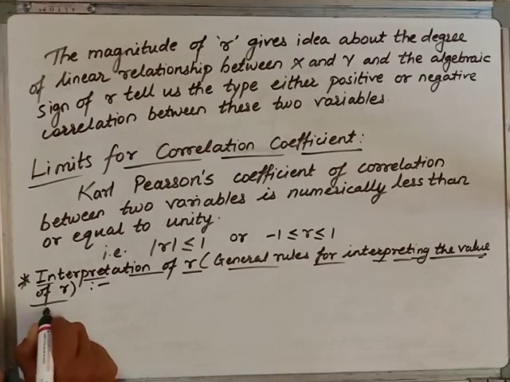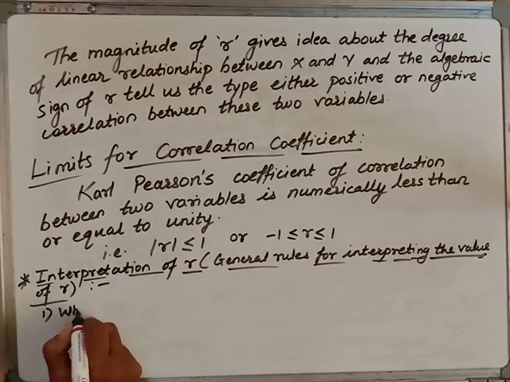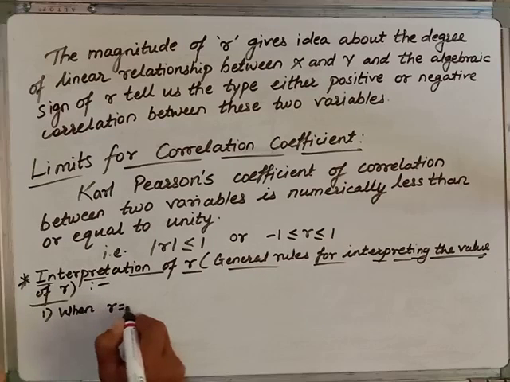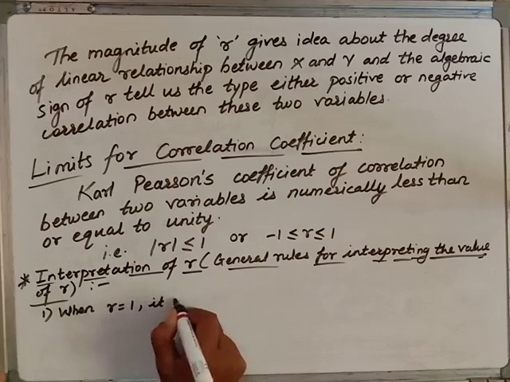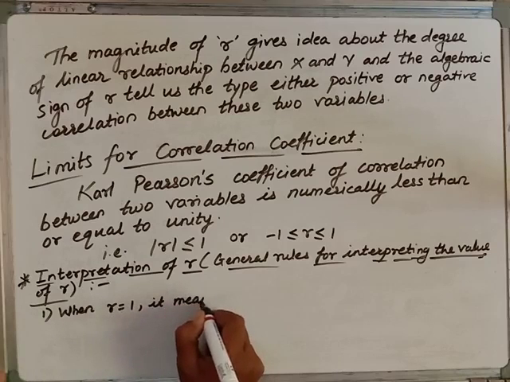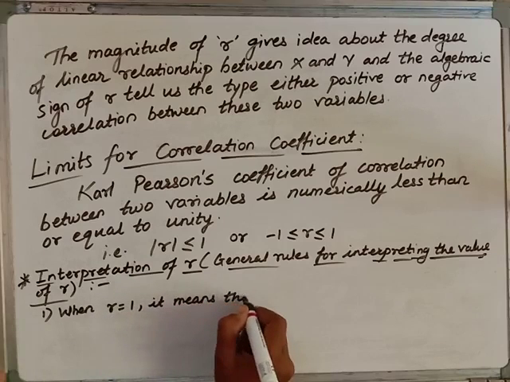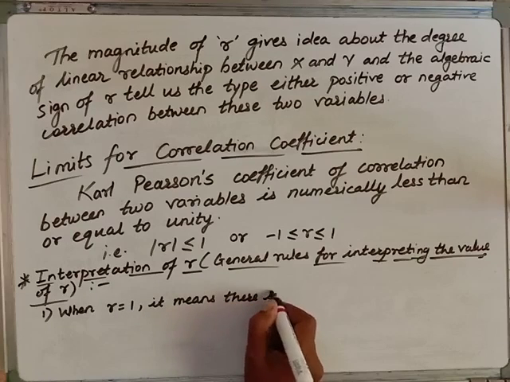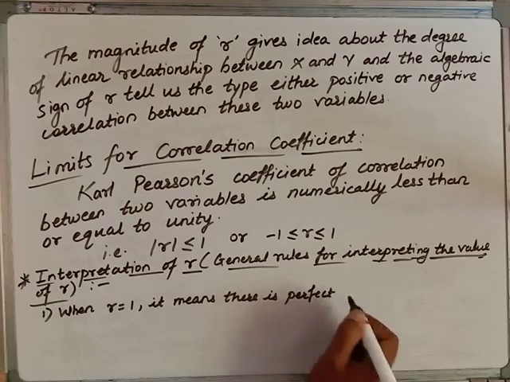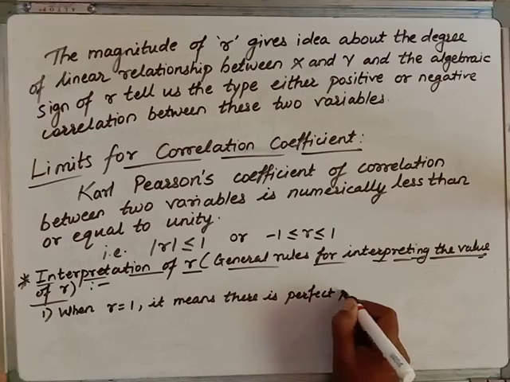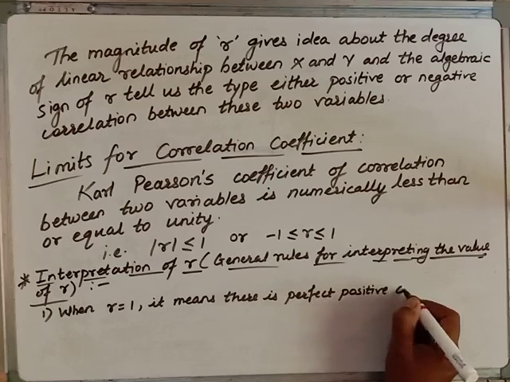So first rule, when r is equal to 1, it means there is perfect positive correlation between those two variables. Already we have seen this in scatter diagram.